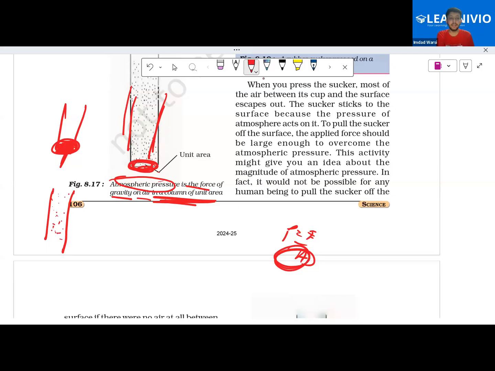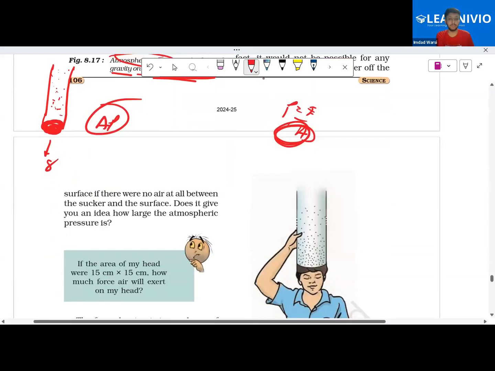This is the open area of that cylinder, where the air will come in contact with gravity. Here gravity is downward, so gravity will exert a gravitational force on this particular area, and that is called atmospheric pressure. The force of gravity on the air in a column of unit area is called atmospheric pressure. You can also write this definition, but it's a difficult one. The first one is simple and that works.